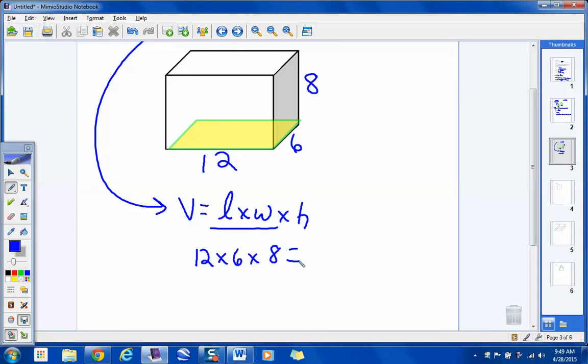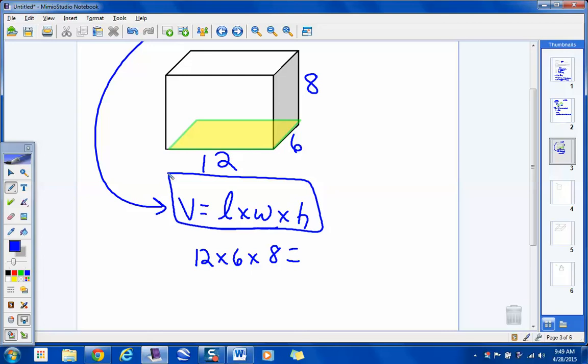So the volume formula for any rectangular prism, what can you use actually? Length times width times height there. Okay? So in our case, 12 times 6 times 8, oh gosh, 72 and 8, 720, and 144, 150, 3, 5, 70, and 6, 576? I like 576.